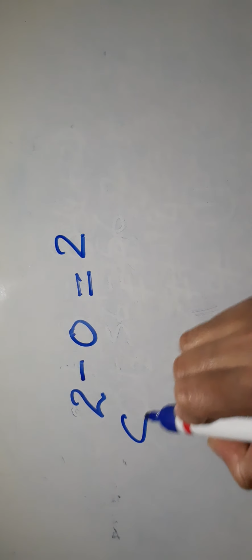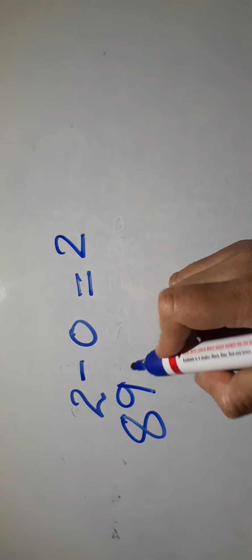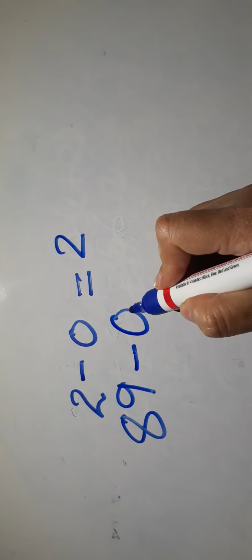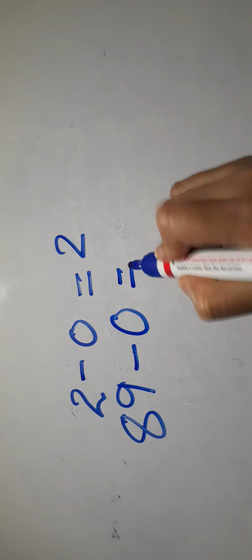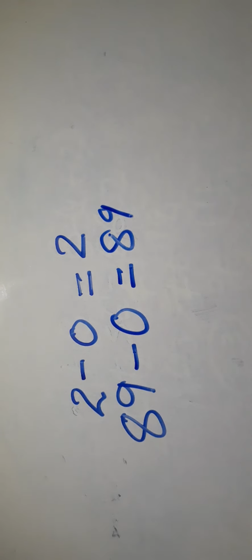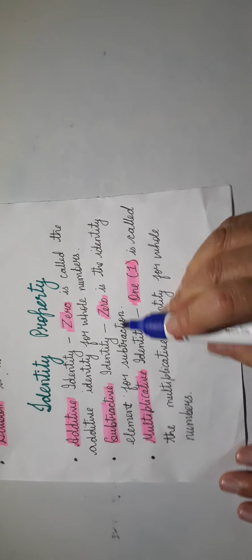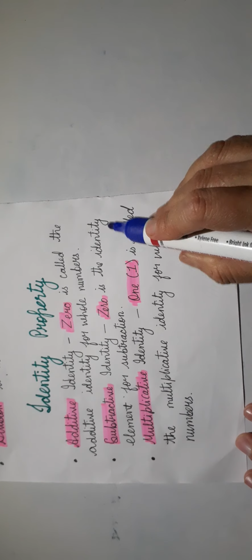If we take any whole number, let's say 89 is a whole number, and we subtract 0, we still get the same whole number. So that's why 0 is the identity element for subtraction.